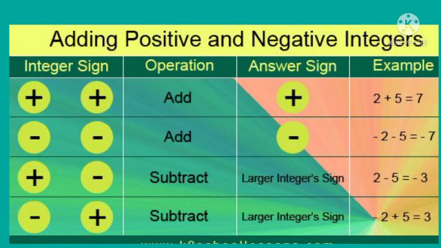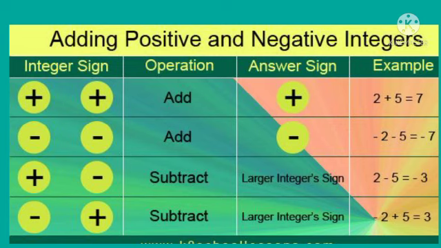And also we take integer signs plus and minus. Operation is subtract. Answer sign is the larger integer's sign. Now example, 2 minus 5 is equal to minus 3, get a negative number. And also we take integer signs minus and plus.